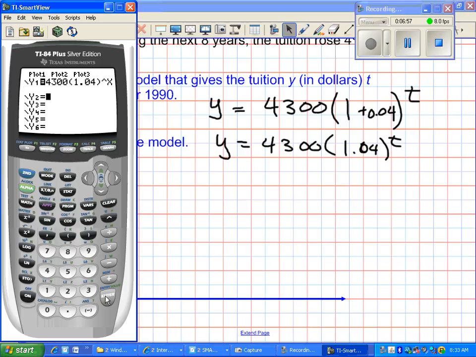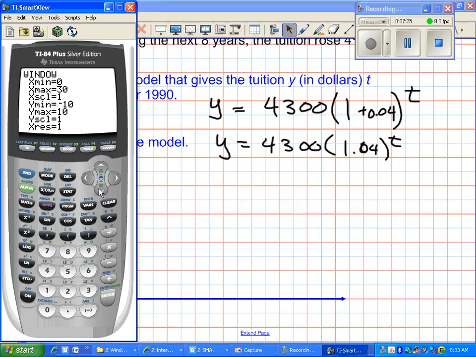The next thing I need to do is pick a window that's going to work with this information. Right now it's the year 2012, which is 20 some odd years after 1990. So let's go ahead and have my x's go from 0 to 30. Not 330, let's go 30.